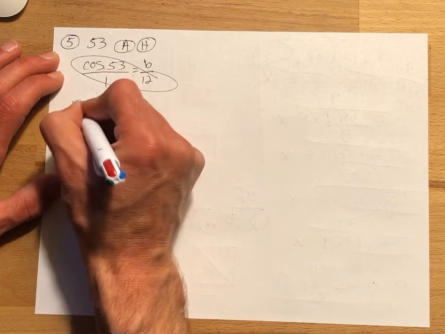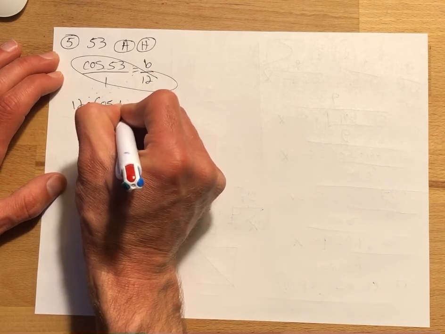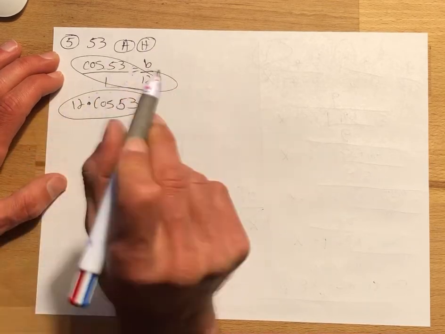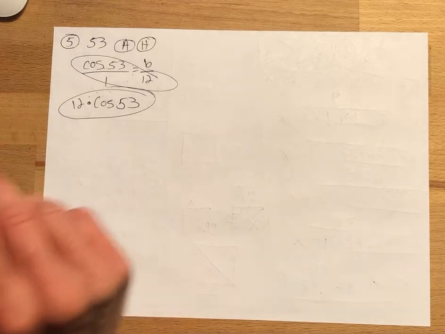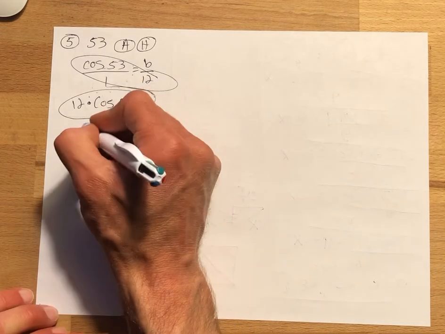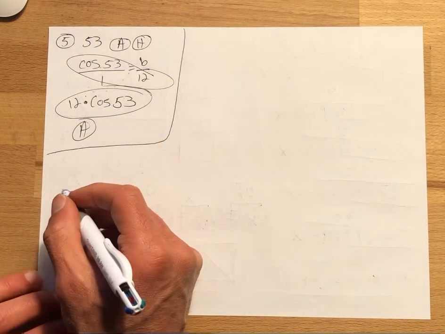Cross multiply: 12 times cosine 53 is my answer. Let me just do this on my calculator. 12 times cosine 53, make sure it is in degrees, and it's going to be 7.2, which is A. That is number 5.